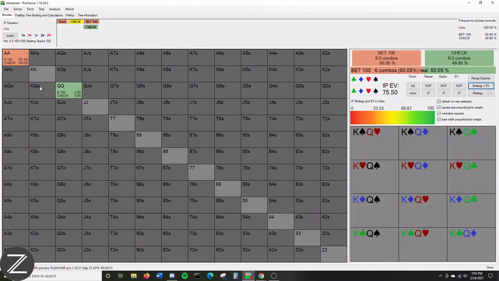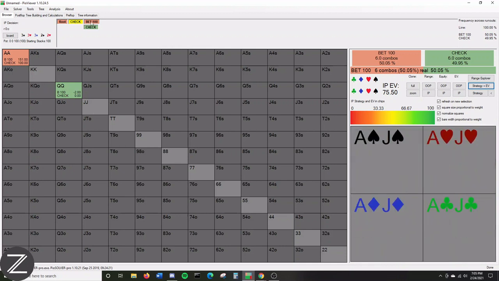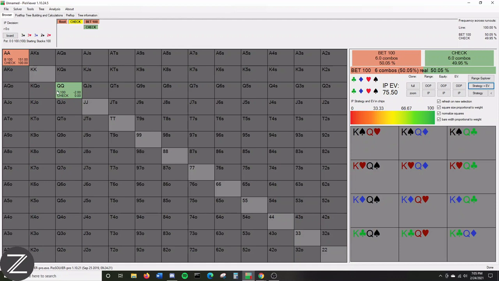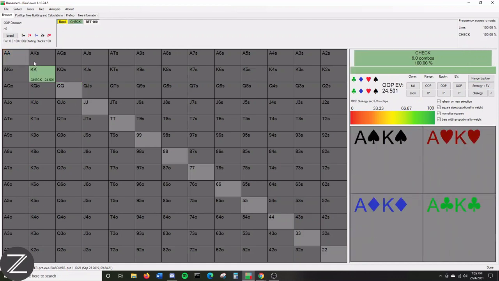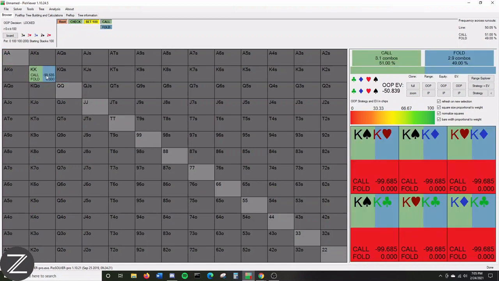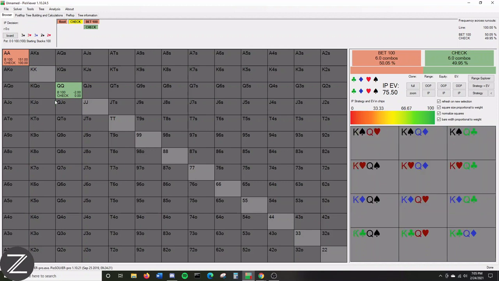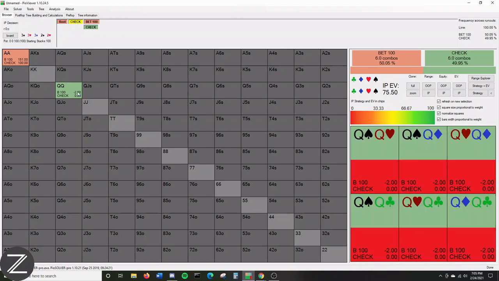Whereas if either player is overbluffing, underbluffing, or if Oscar's overfolding or underfolding, the strategies change quite drastically. So like if Oscar's just slightly overcalling, India will just never bluff.